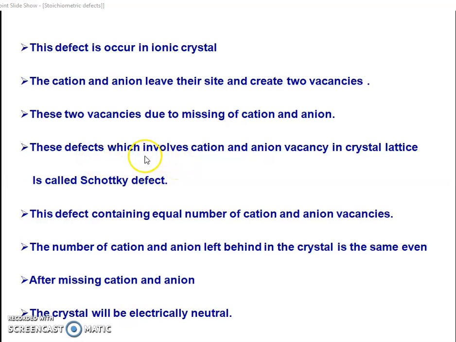Such a defect involves cation and anion vacancies in the crystal lattice, and is called Schottky defect. Equal numbers of cations and anions leave, meaning one cation and one anion leave and create two vacancies at a time.